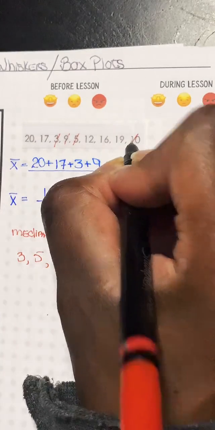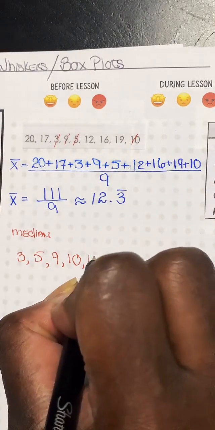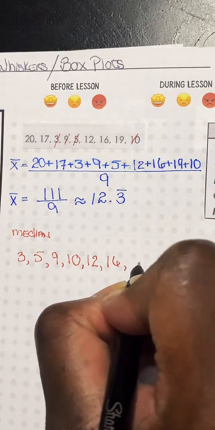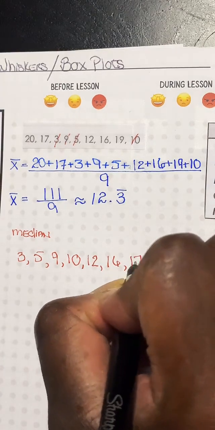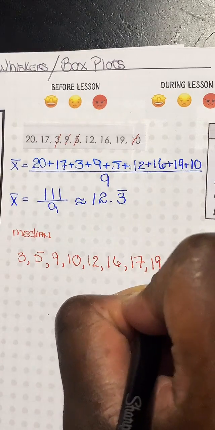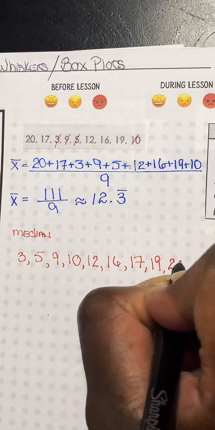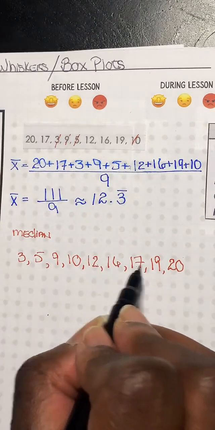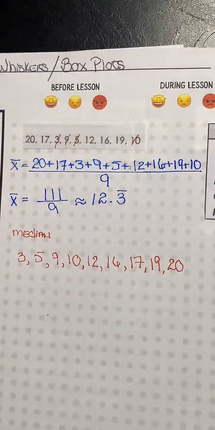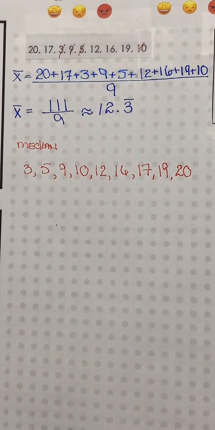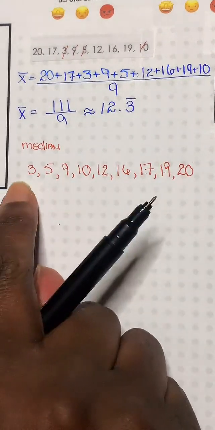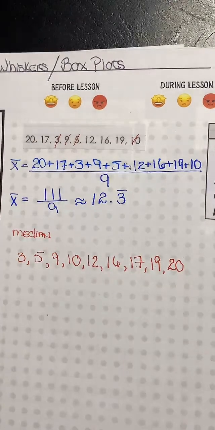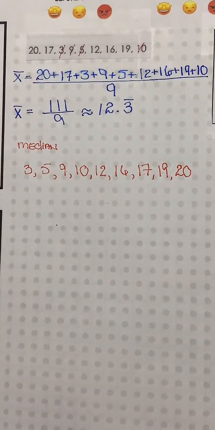Looks like 12 is the next one, then 16, 17, 19, 20. 1, 2, 3, 4, 5, 6, 7, 8, 9. Beautiful thing. Okay. So we have an odd number.